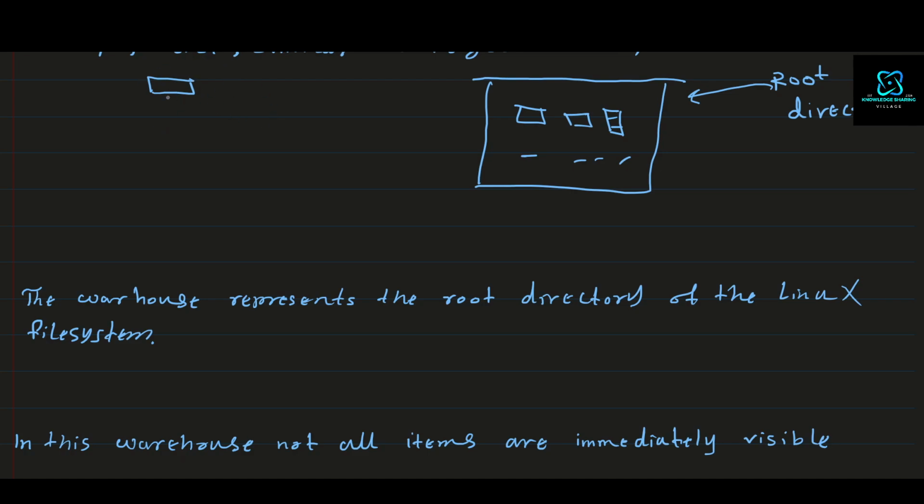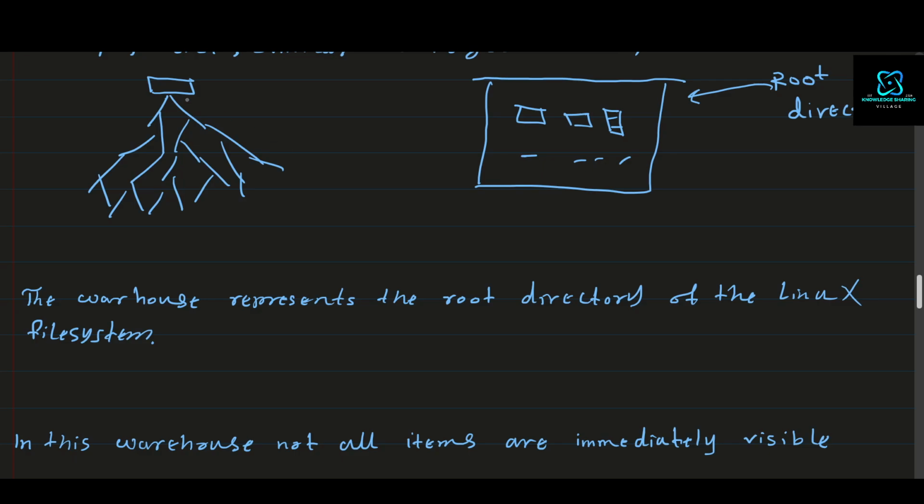On the top of the tree we have the root directory, then the other directories and subdirectories go down like this and continue. Here we have our warehouse, and inside of the warehouse we have storage units.